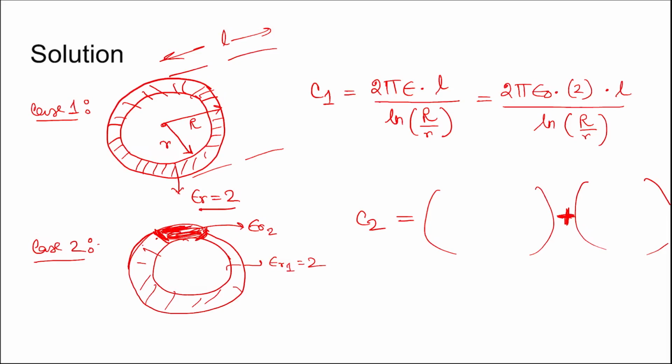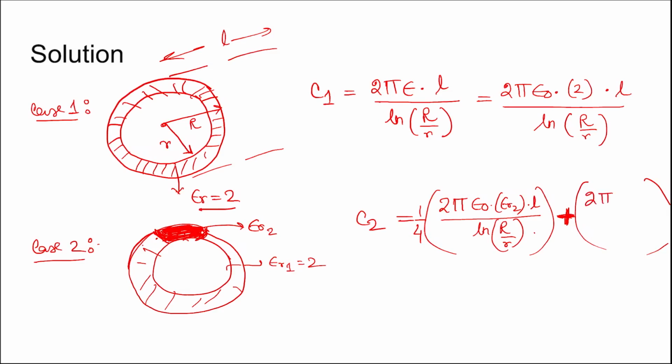So first consider this shaded part. This is 1/4, the area becomes 1/4, so the capacitance also becomes 1/4 of the whole capacitance. It is 2 pi epsilon naught into epsilon r2 times L divided by ln R by r, but since it is 1/4, a 1/4 factor will come.